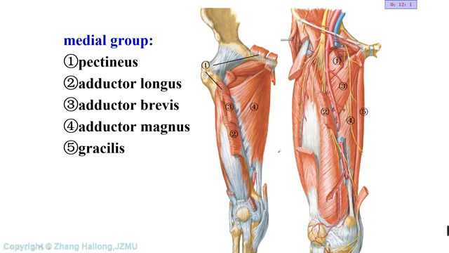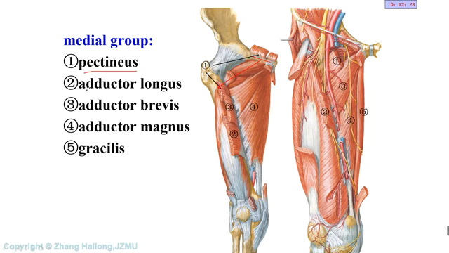Now let's see about the medial group. For these muscles, you only need to know the names. You don't need to master the origin and insertion. Okay. The first one is pectineus, from the pubis to the femur. Pectineus is one.